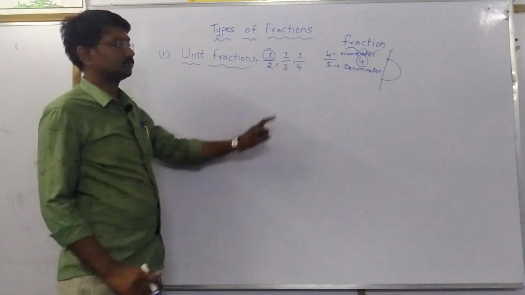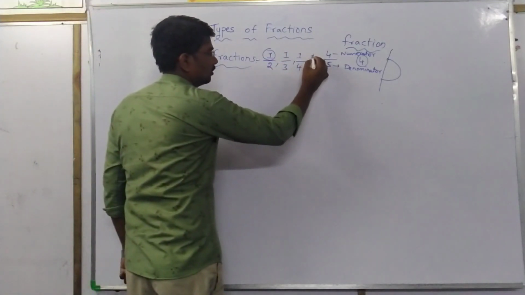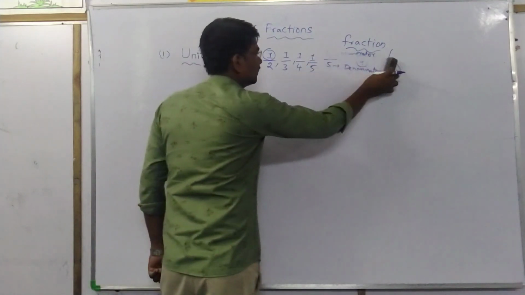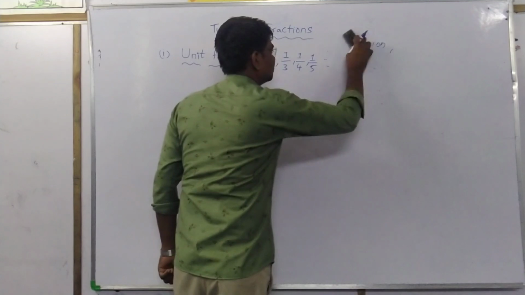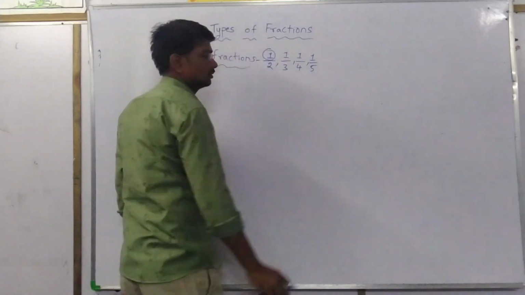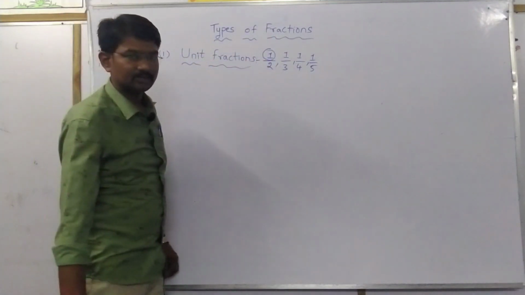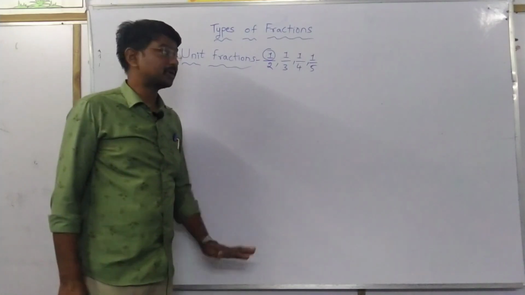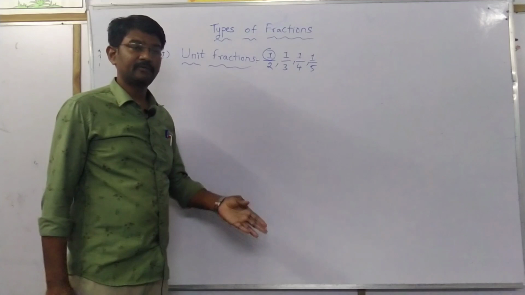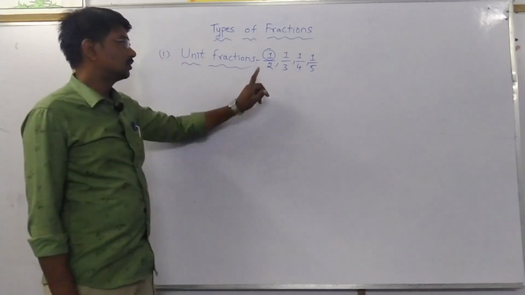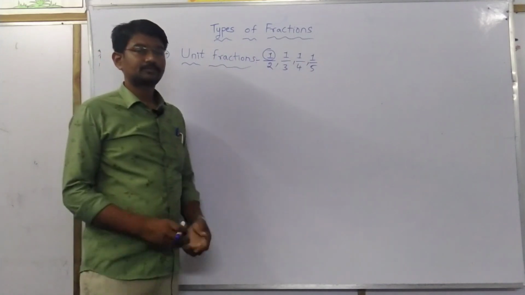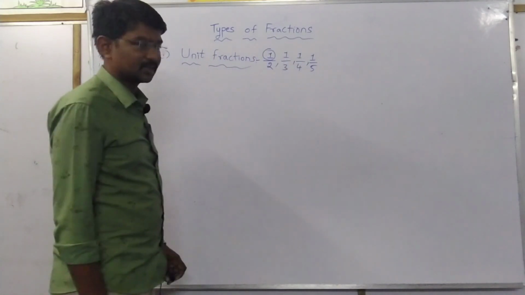Next, 1 by 5, 1 by 6, 1 by 7, 1 by 8, 1 by 9, 1 by 10, 1 by 100, 1 by 1 lakh. Only numerator 1 matters in the case of unit fractions.